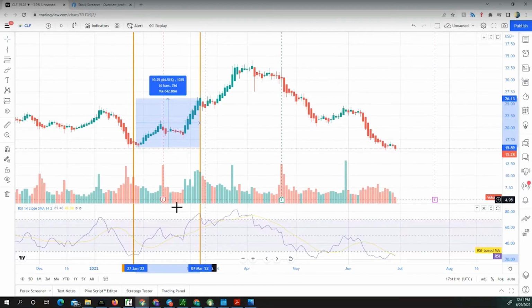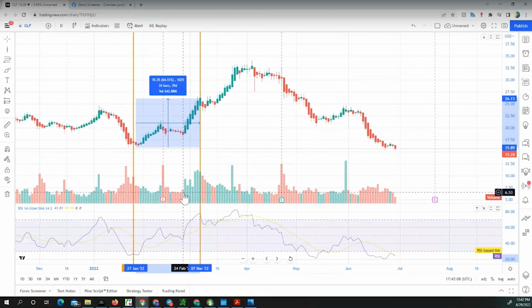But if you are, let's say, back here, after this series of red volumes, then you start seeing green ones. A good rule of thumb is a bunch of green volume bars gives you some sort of confidence to say that a lot of buyers want to buy in. And a bunch of red ones gives you the idea that a lot of sellers want to sell that stock.